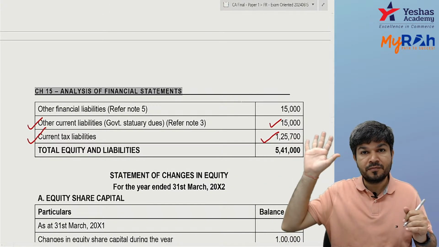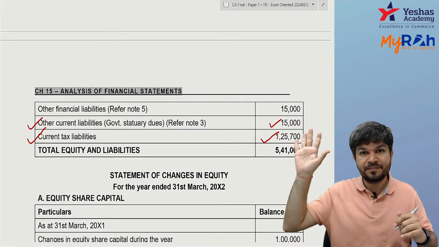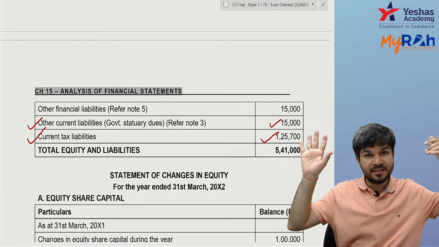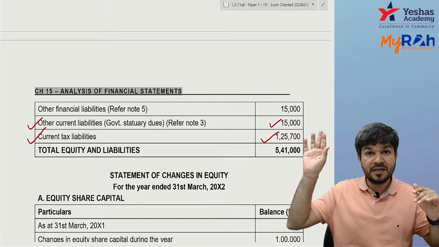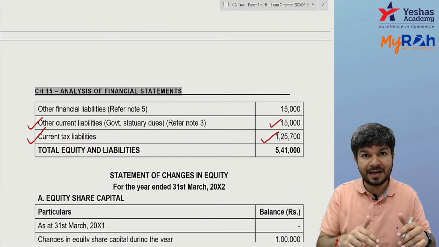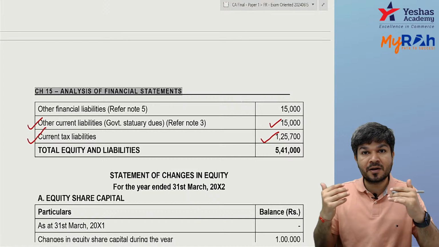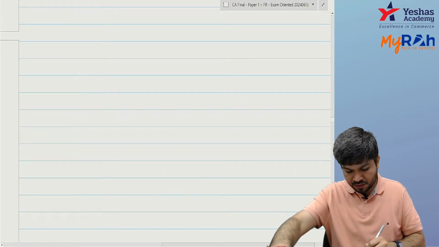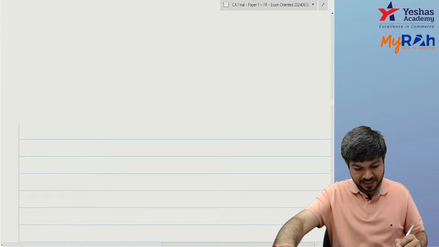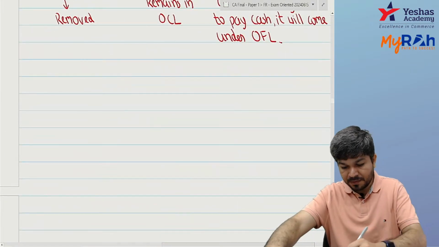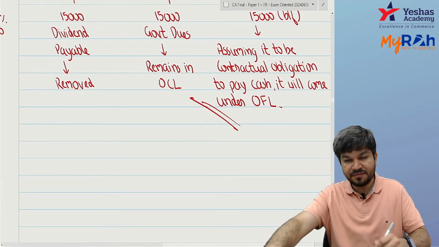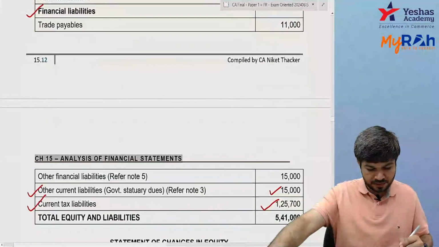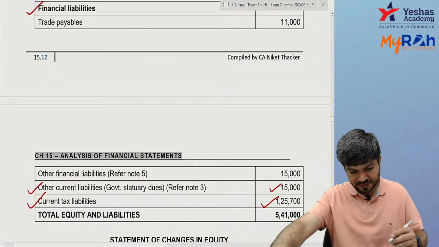Remember that 45 other current liability was given. 15 related to cancelled dividend and 15 related to government will appear under other current liability, and the remaining 15, assuming there's a contractual obligation to pay cash, will come under other financial liability. So this 15 is other financial liability.